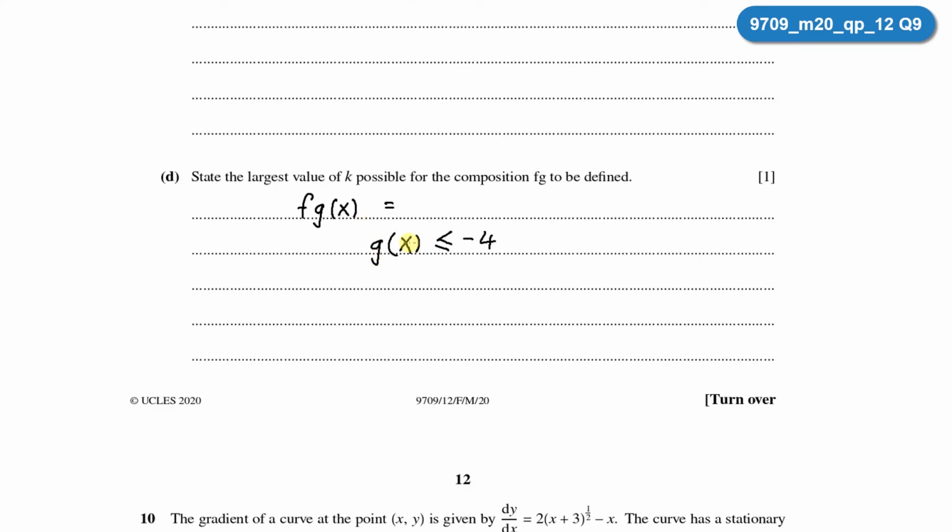So I'll say here 2x minus 3 is less than or equal to minus 4. That's 2x is less than or equal to, if we add 3 to both sides, minus 4 plus 3, which is minus 1. So x should be less than or equal to minus a half.